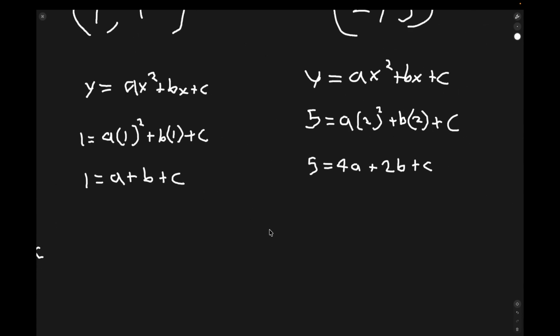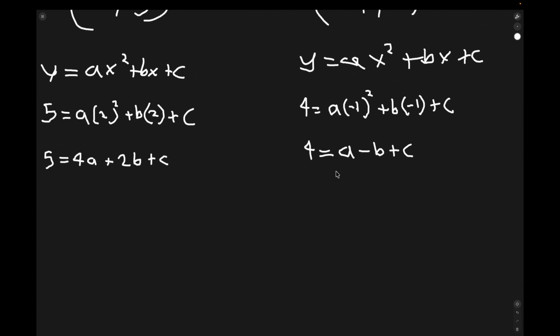So let's rearrange this one to be in terms of c. Let's minus c from both sides. So 4 minus c is going to be a minus b.